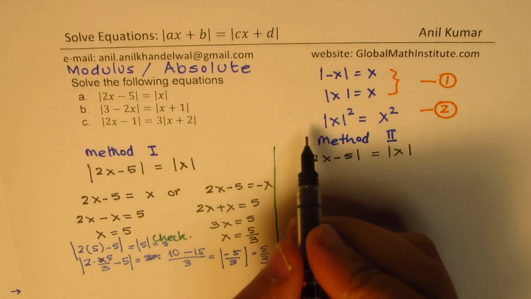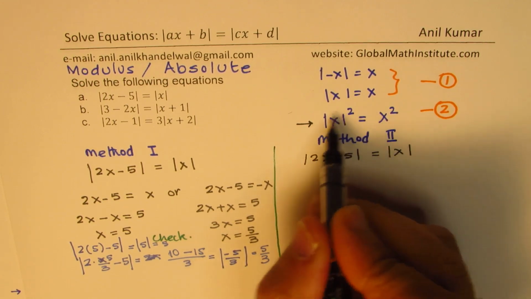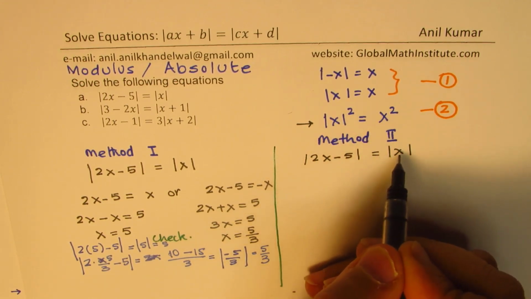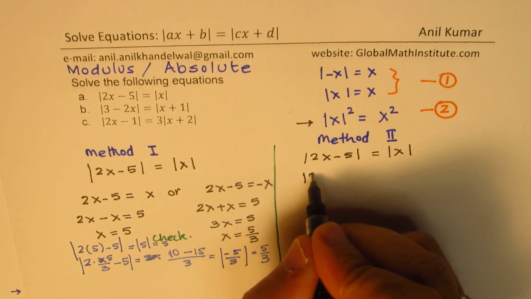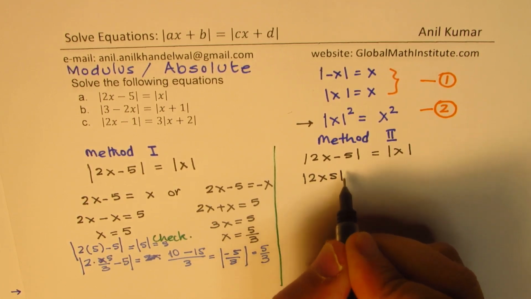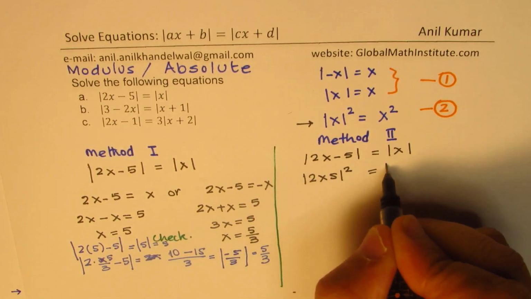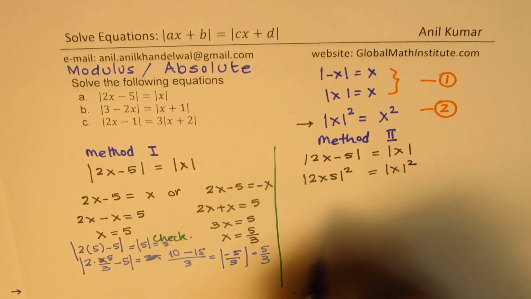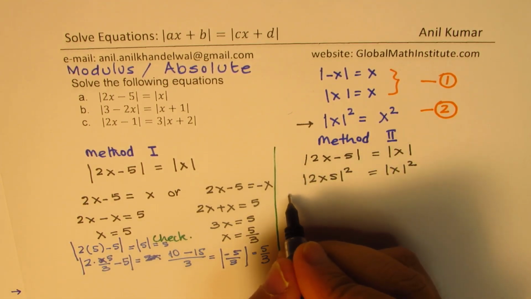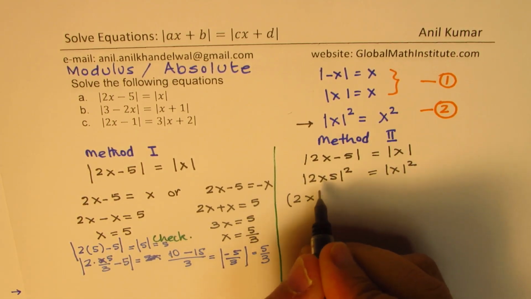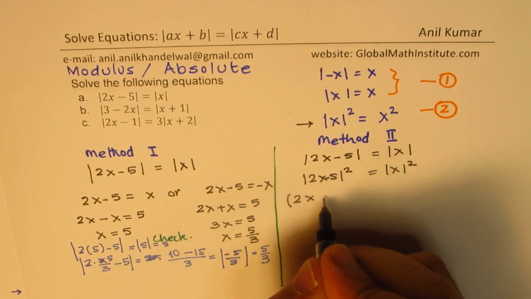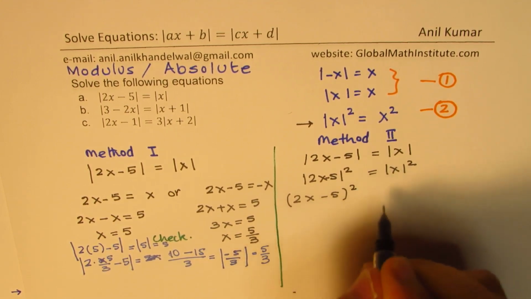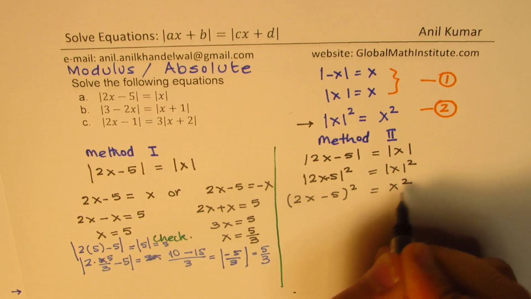Now we are saying that square of this is equal to square of the other one. That is to say, 2x minus 5 absolute value square should be equal to absolute value x squared. So we'll square this. 2x minus 5 whole square equals to x squared.